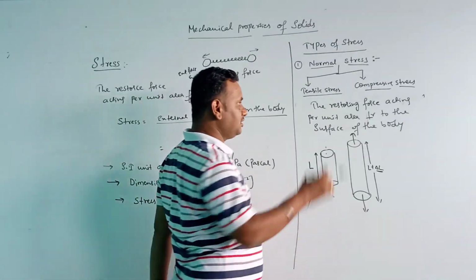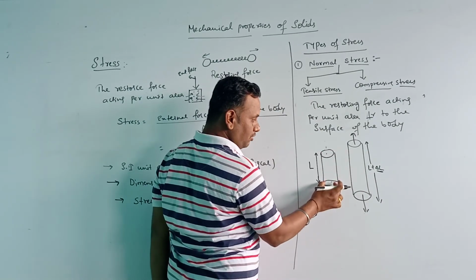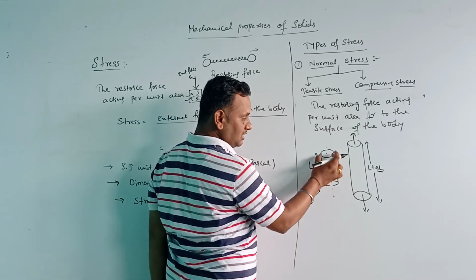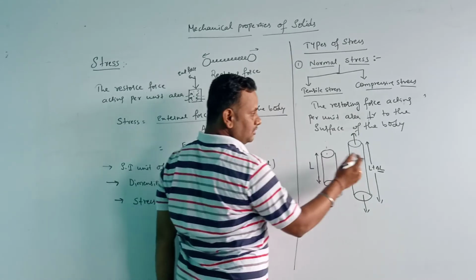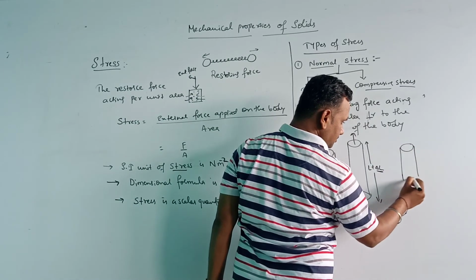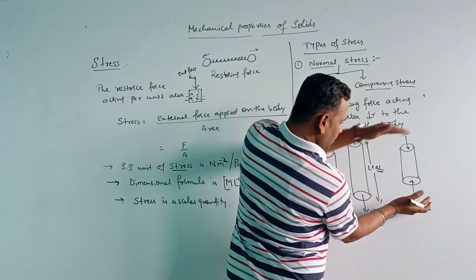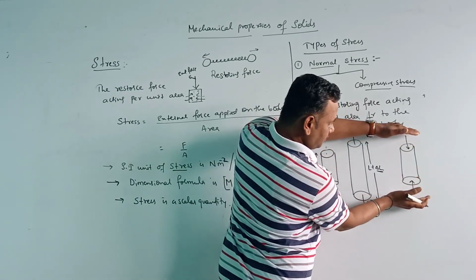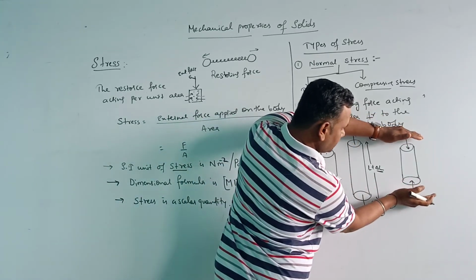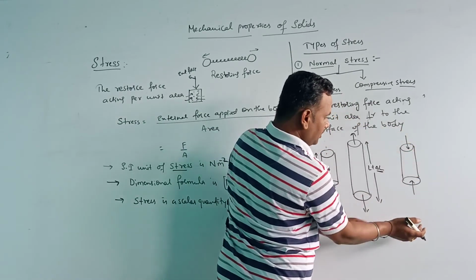The same in compressive stress: the same cylindrical body, initially its length was L. Then if I apply forces like this, compressing the body, both forces are coming together, acting together.